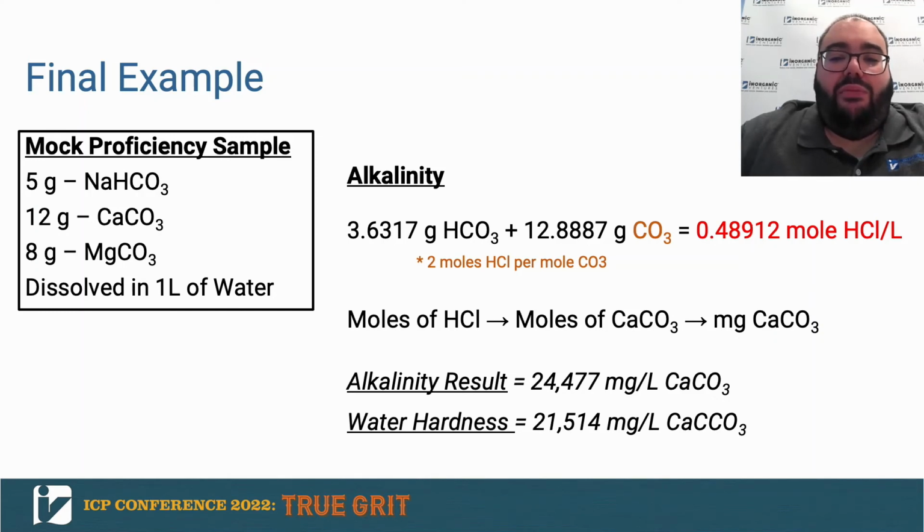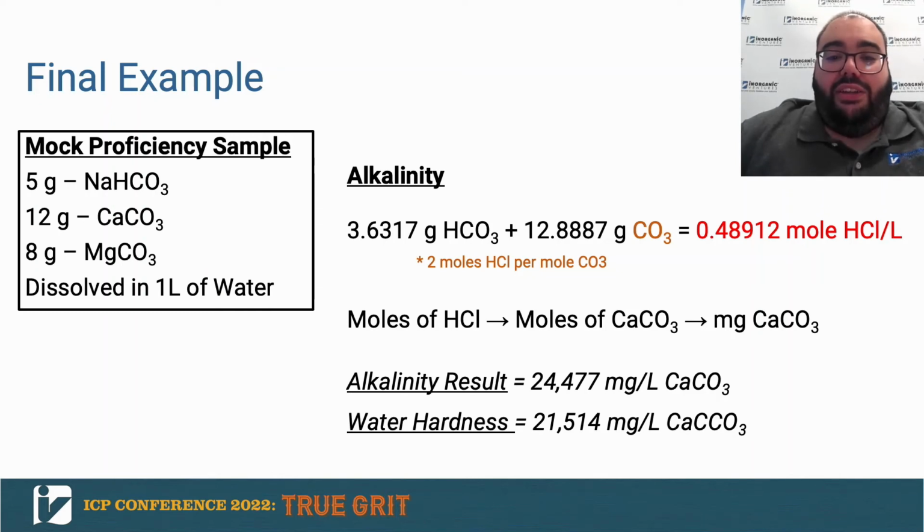Once we have the moles of HCl, we can calculate the moles of calcium carbonate that would interact with it, and then convert that to milligrams of calcium carbonate. This example is easy because all we need to calculate is the milligrams of calcium carbonate, and since we're dissolved in 1 liter of water, it can be milligrams per liter or micrograms per mil, equivalent units.